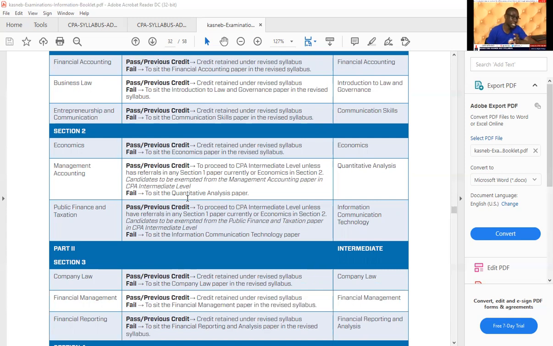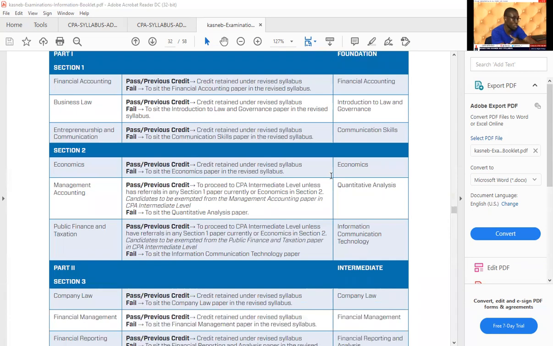I repeat that statement again. In the event that you have failed management accounting, you will not do management accounting in that section, but instead you are going to do quantitative analysis. This paper that has been brought in section 2, we are now terming as foundation level. So you're going to do QA.